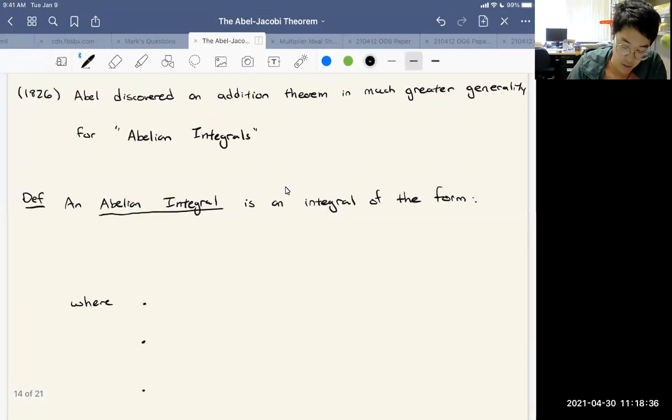So what is an Abelian integral? Let me make this definition. It's an integral of the form psi of z, which is the integral from some fixed point z0 to z of a rational function of two variables, where x is a complex variable.